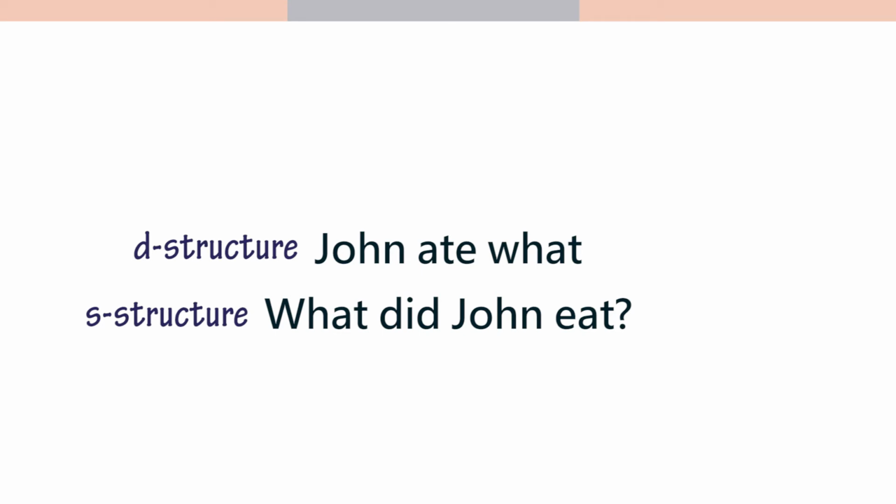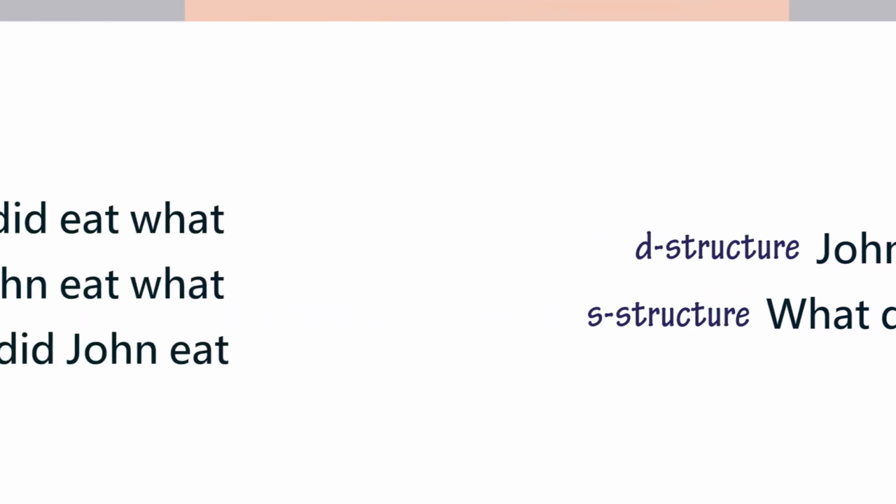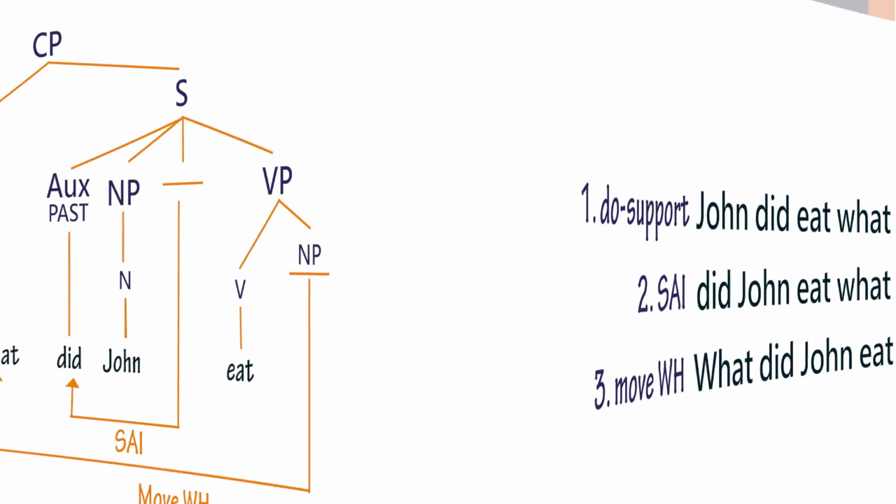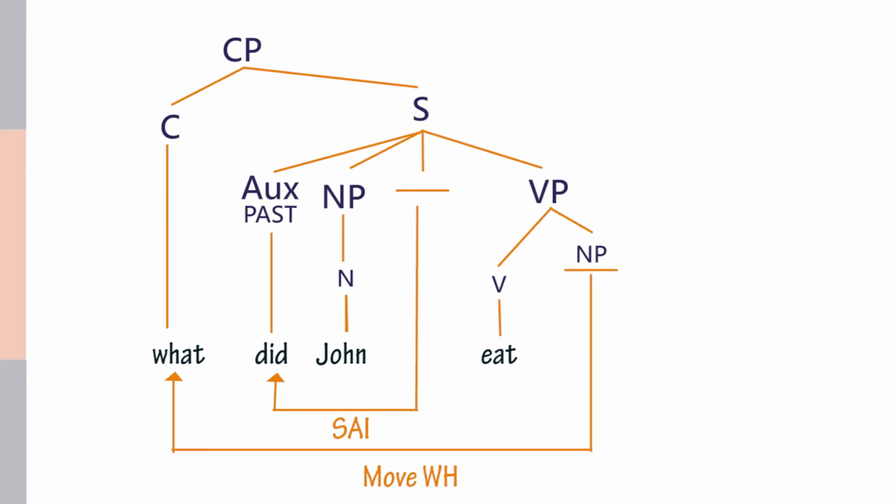So in order to get the S structure, what did John eat, from the deepest structure, John ate what, we need to apply 3 transformational rules: insert do, or do support; SAI, subject auxiliary inversion; and then move WH, or WH movement. So this tree reflects all 3 transformations.